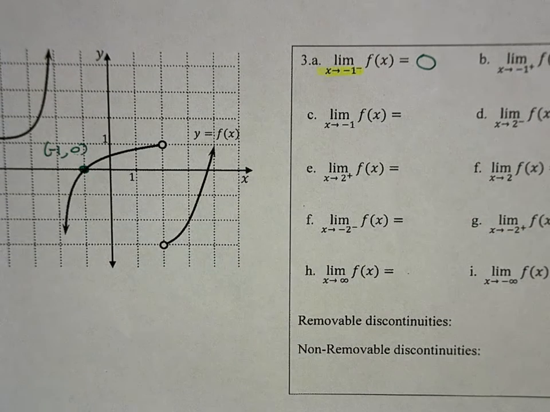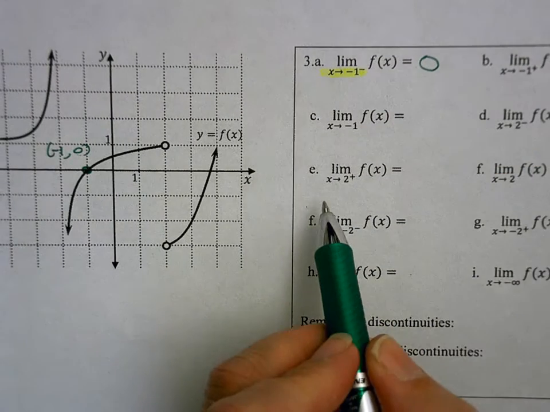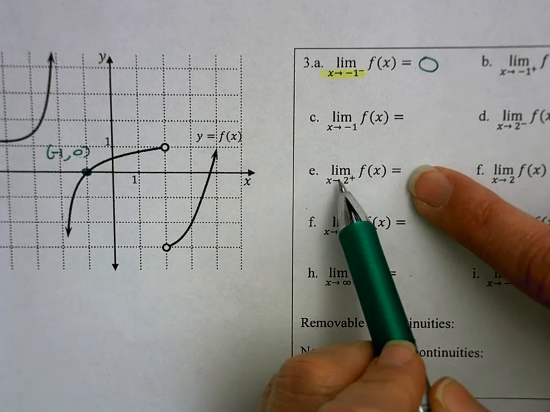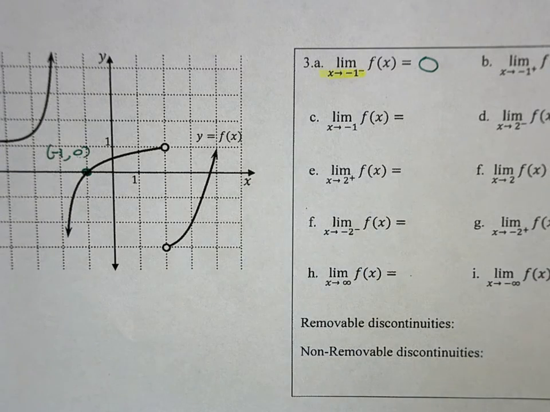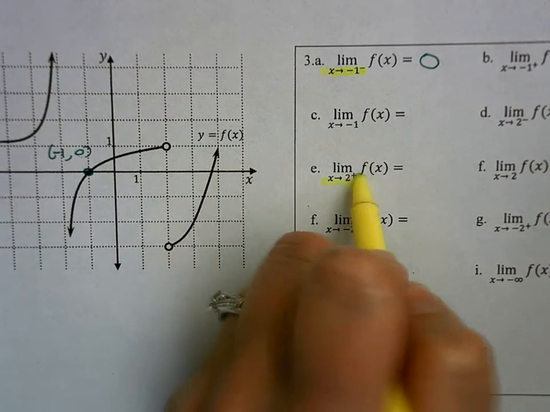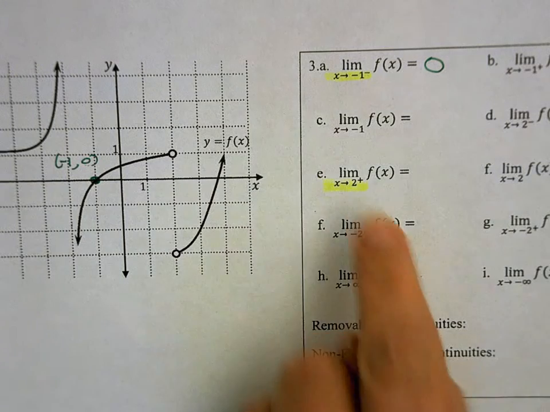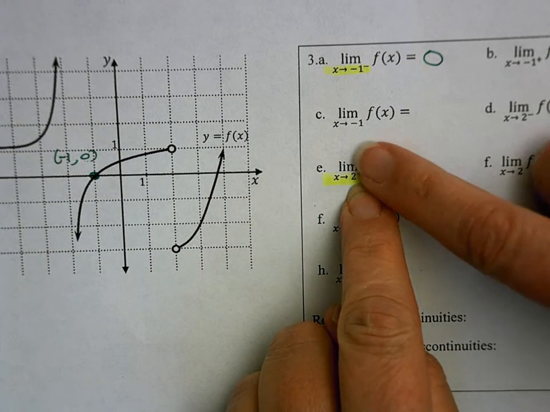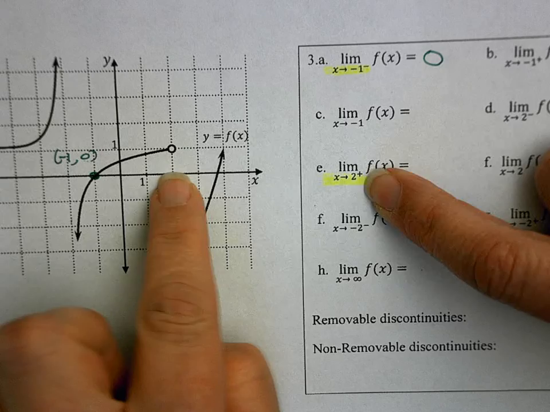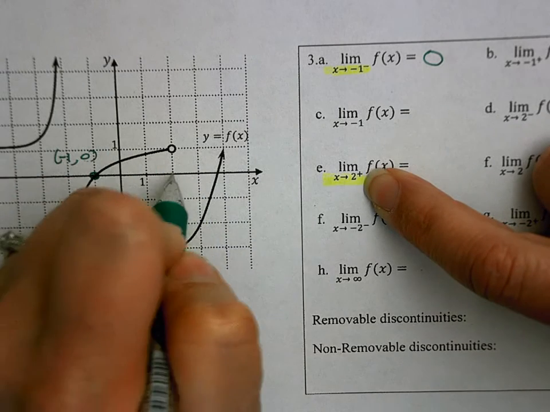Okay. And then let's take a look at E. So right here, this is asking me to approach 2. But there is a positive in the superscript, so that means from the right. So here's 2. x equals 2 is right here.